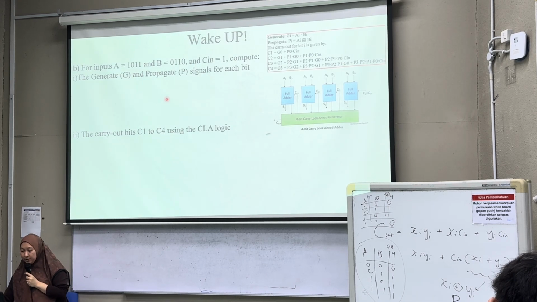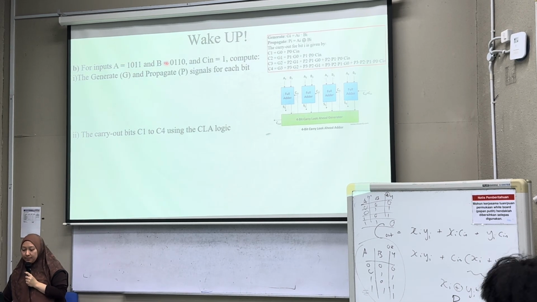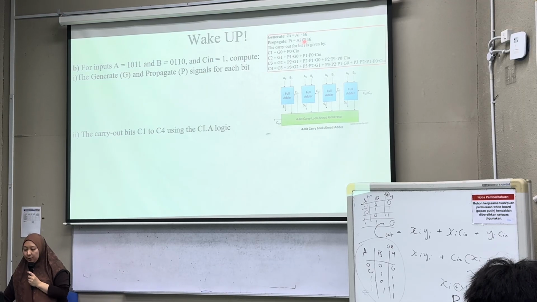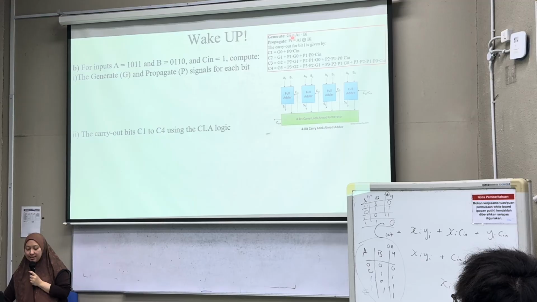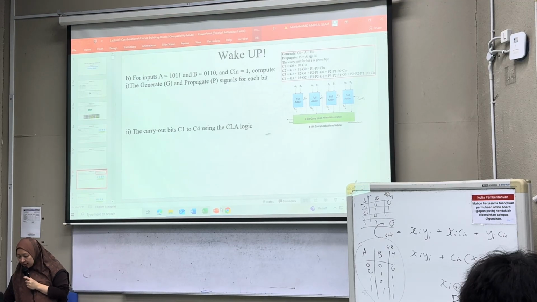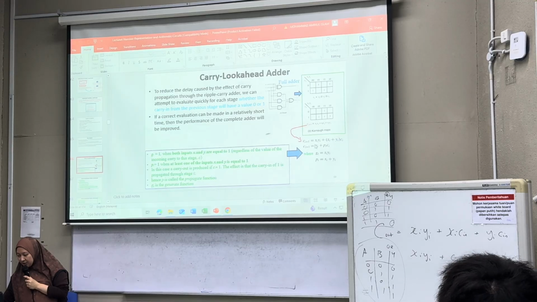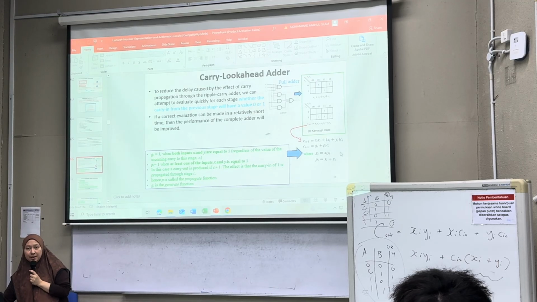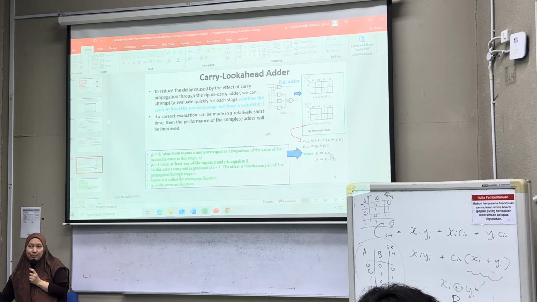Now, for the computation, you're given A, B, and C in, and you find G and P. It will always be like this. G is the one that I gave you lastly. This is G. G is always A times B, A added with the X input, added with the Y input.